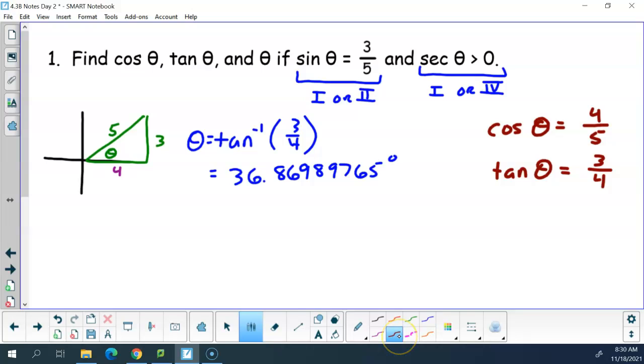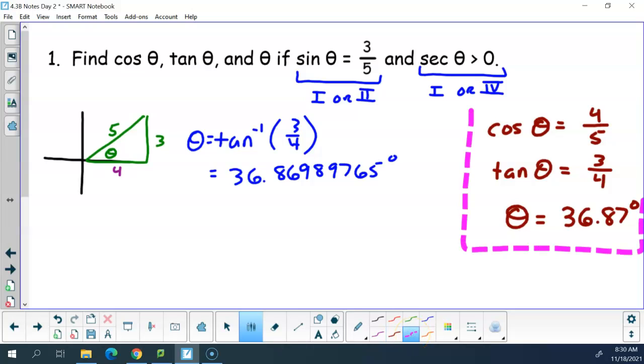So theta then would be 36.87 degrees. Oh, that's why. I'm like, why did I get a different angle? Because then if I did inverse sine of 0.75 instead of doing 3 divided by 5, I get the exact same one. I was all in confusion. I don't know if you saw the confusion in my eyes, but I was getting two different things for what should be the same angle.